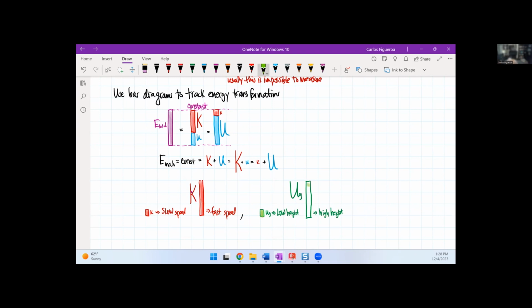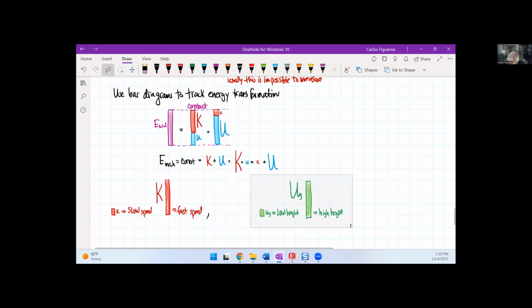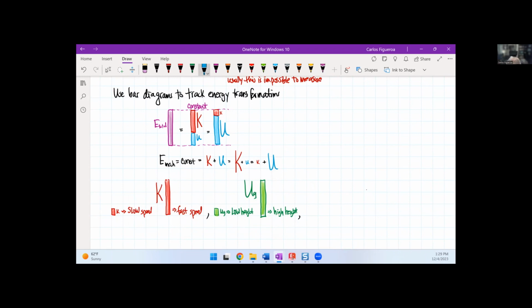So the pictures now are giving us a physical situation of what is going on here. I could say the same thing with the spring. If I have a little tiny spring like this, that tells me that it does not have much stretch in the spring.